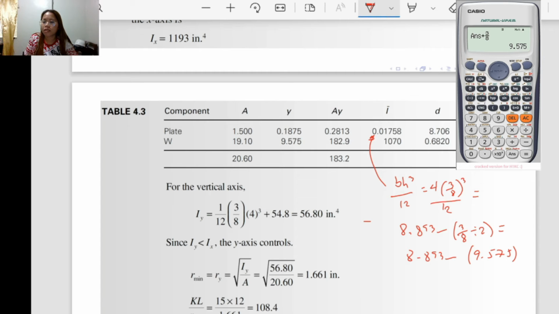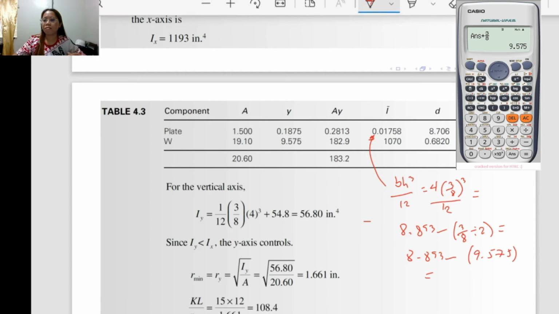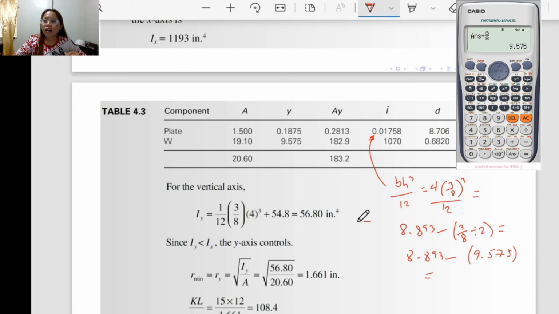So, it becomes positive anyway, right? So, never mind the negative value. 8.893 minus 9.575 is 0.682 negative, or actually positive because that is the difference in the distance between this individual centroid and the whole centroidal distance, no? Okay.